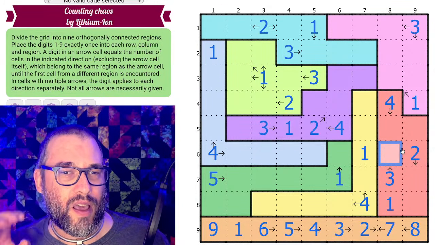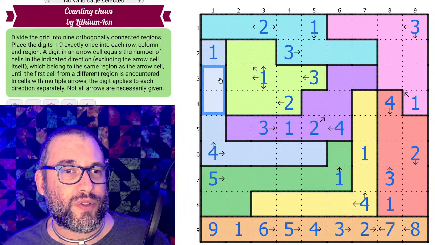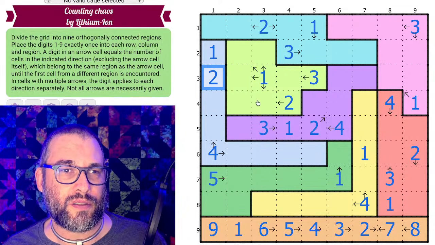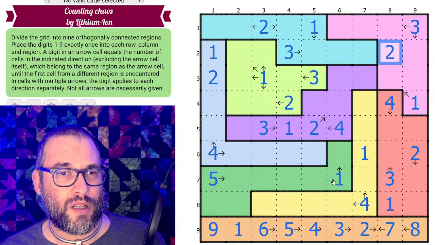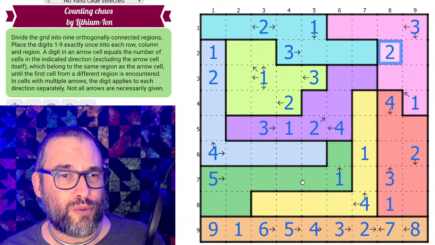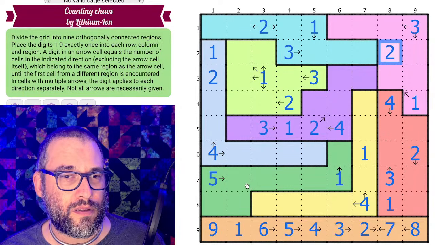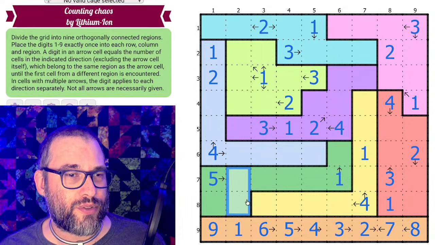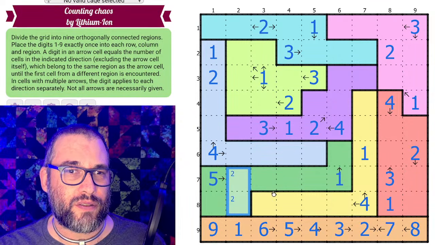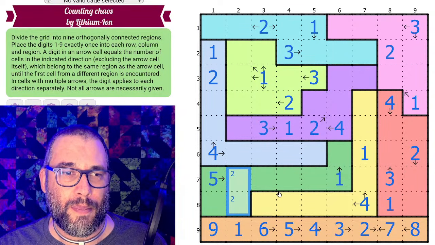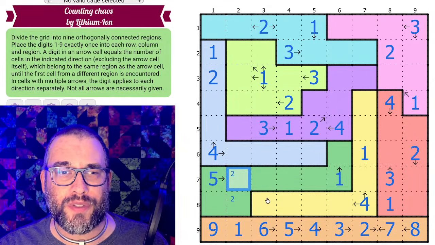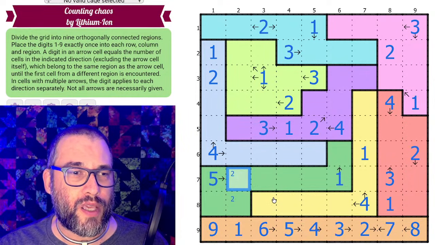Let's see. There's a 2 in this row, so 2 just goes here. Which means we need a 2 here. We need a 2 in green, which is going in one of these cells. But the one in row 7 can only go here.